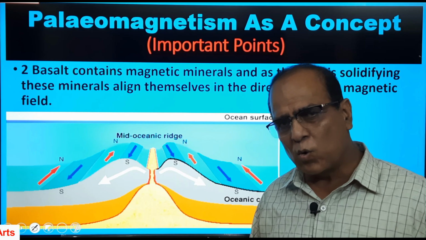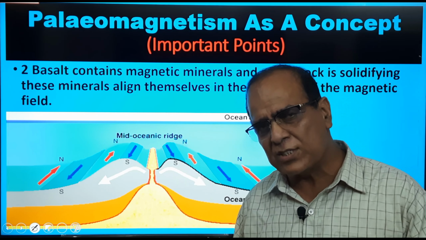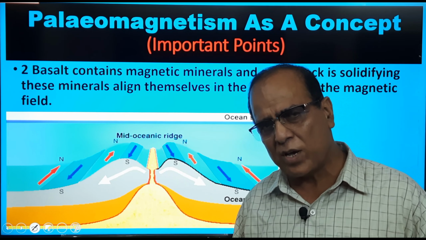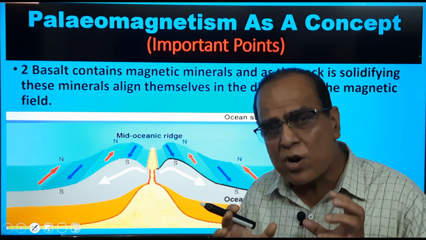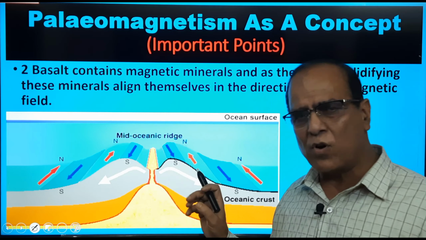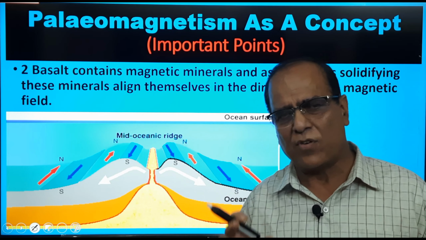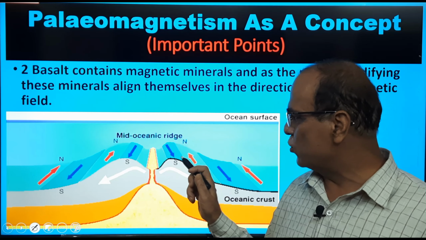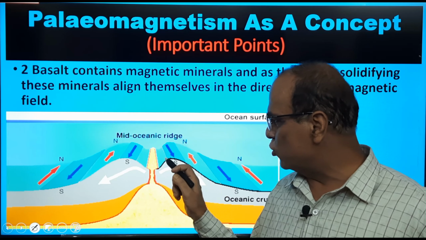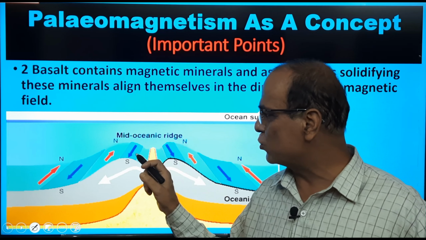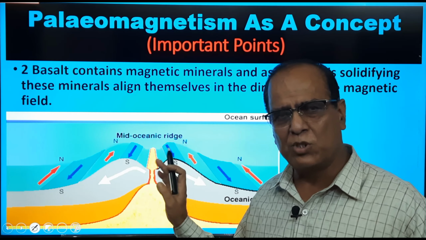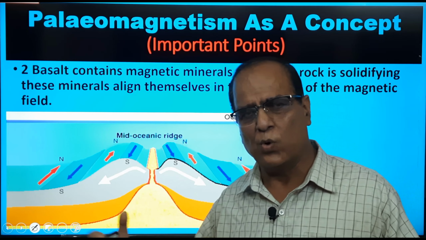I mean, closer to the spreading side, closer to the place where magmas are upwelling, there we are finding newer rocks, and away from that very site we are finding older rocks. So you can see this one is newer, this one is older. This one is newer, this one is older, and then subsequently the strips go on.